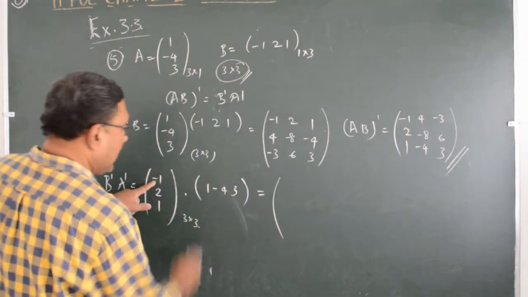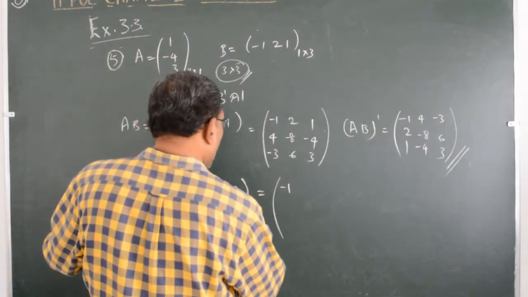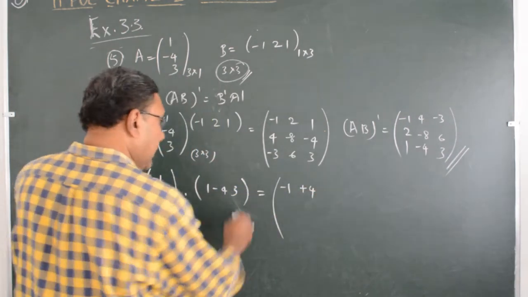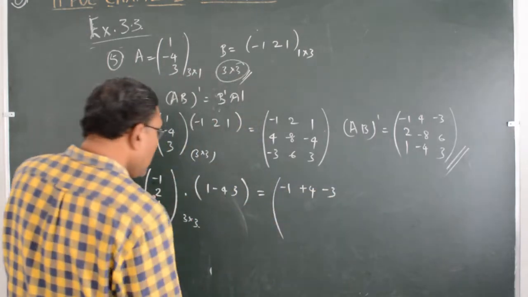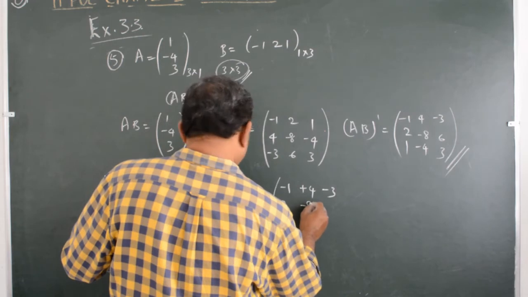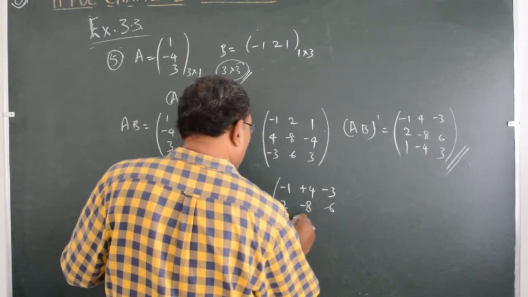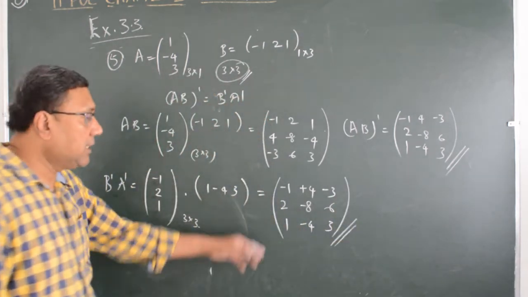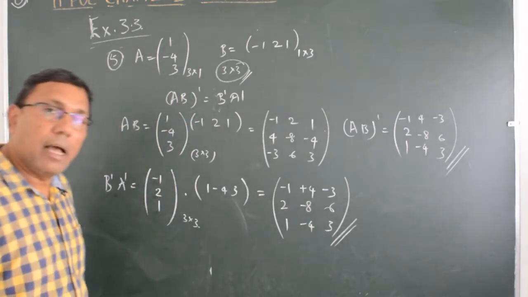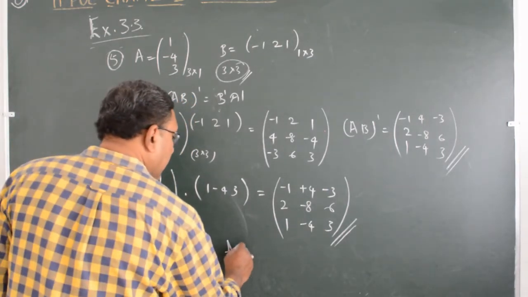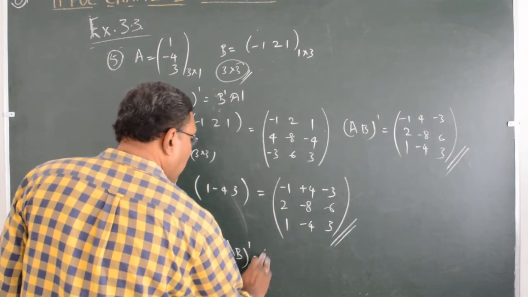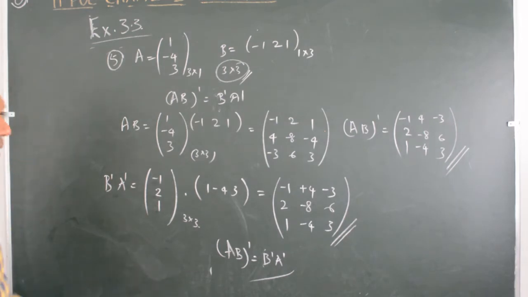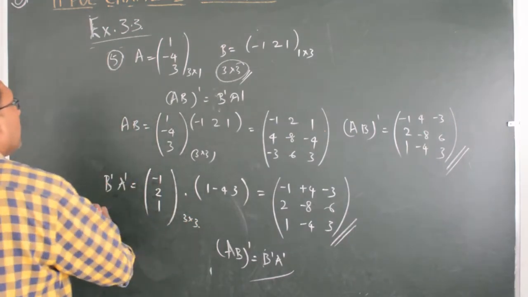Minus 1 into 1 is minus 1, minus 1 into minus 4 is plus 4, minus 1 into 3 is minus 3, 2 is 2, minus 8 and 6, and 1, it is minus 4 and 3. Students, just see these two, both are absolutely same. Therefore, AB, its transpose is always equal to B transpose and A transpose. That is how we found that LHS is always equal to RHS.